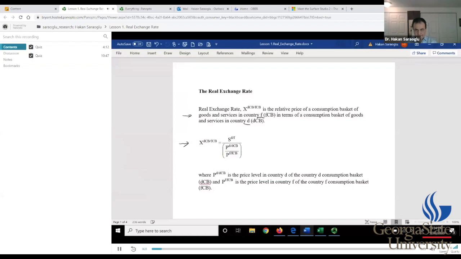We will have X denote the real exchange rate in this case. X is equal to the nominal exchange rate divided by the ratio of the price levels of the consumption baskets in the two economies. Here, a consumption basket is a set of goods and services such as food, housing, transportation, etc., that a typical household consumes in an economy.